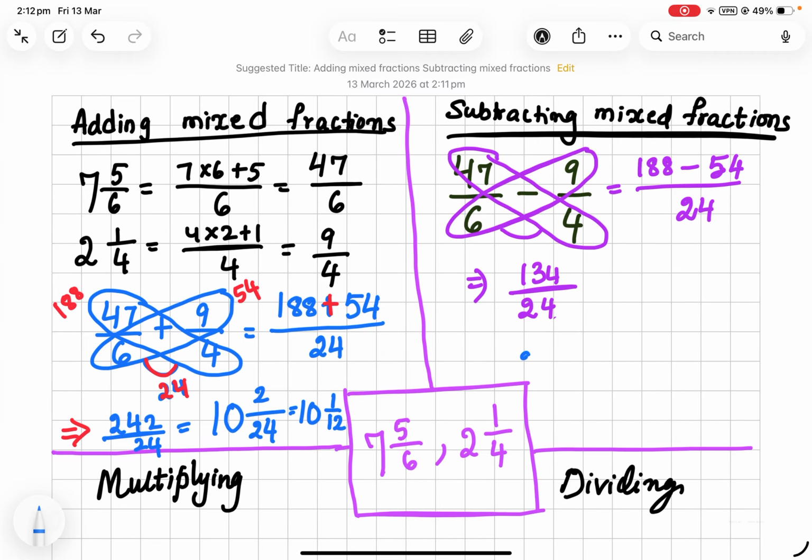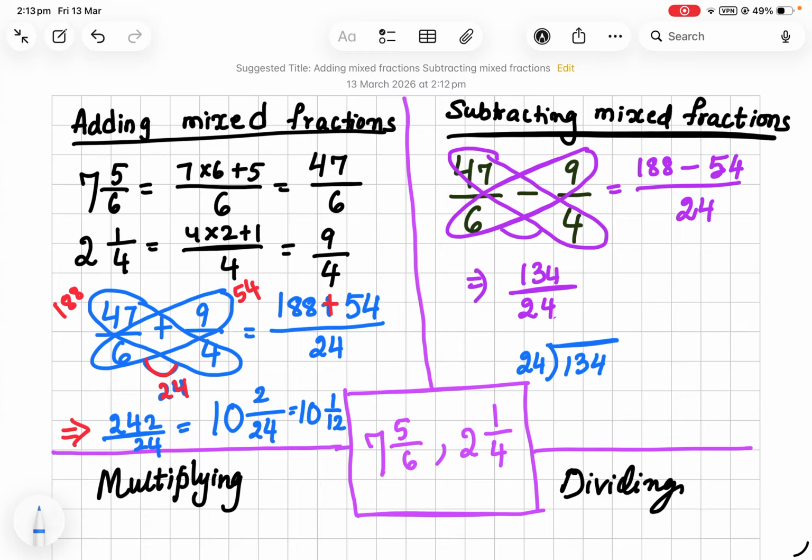Let's see. 24, long division, 134 here. So 24 times, you need to get something close to, what number can be closer to 134?